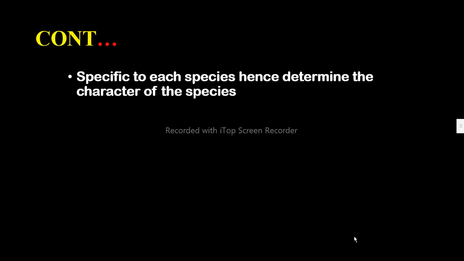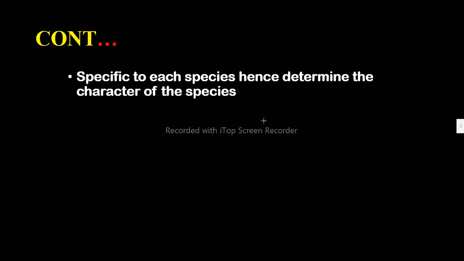Do you know that you cannot fertilize with a cow? Even if you successfully copulate with a cow and eject your sperms, you cannot successfully fertilize.